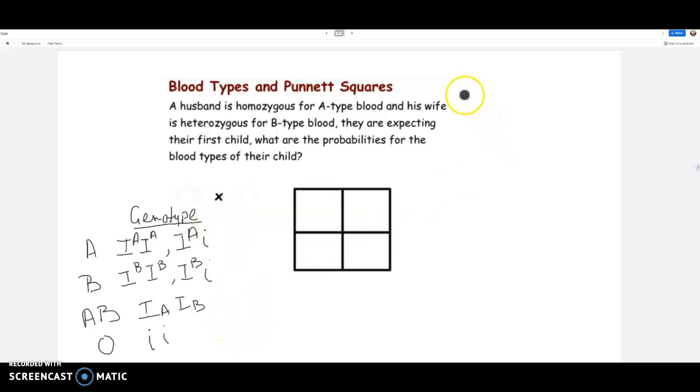So here's a problem. Let's solve that. The husband is homozygous for A type blood, and his wife is heterozygous for B type blood.